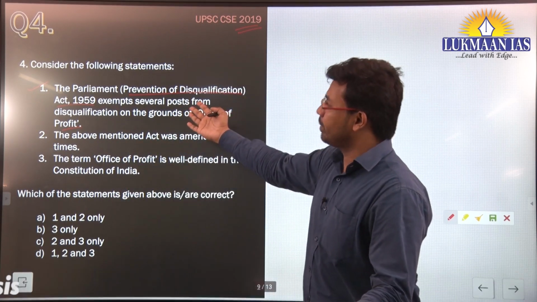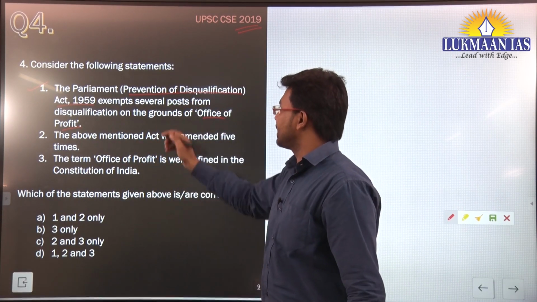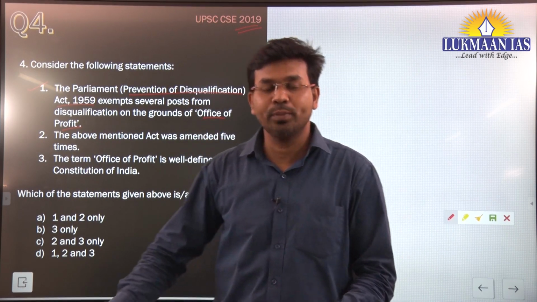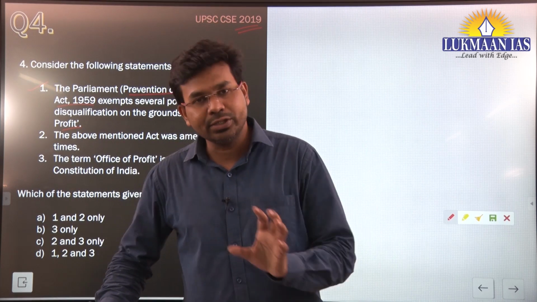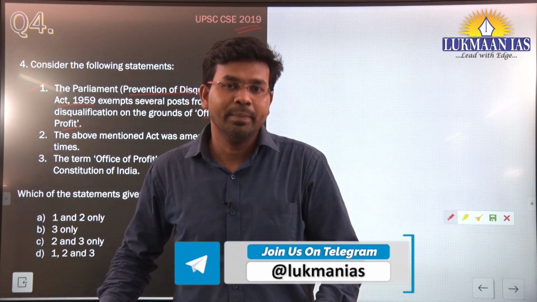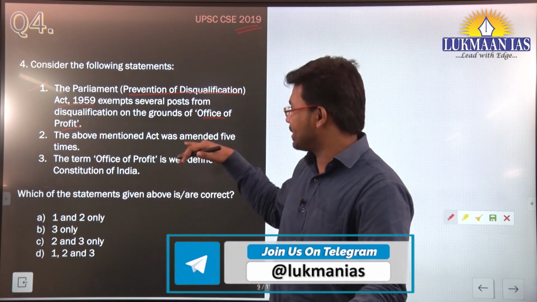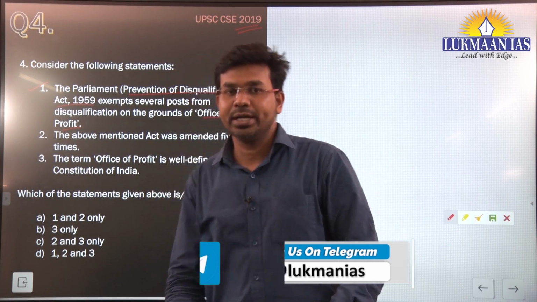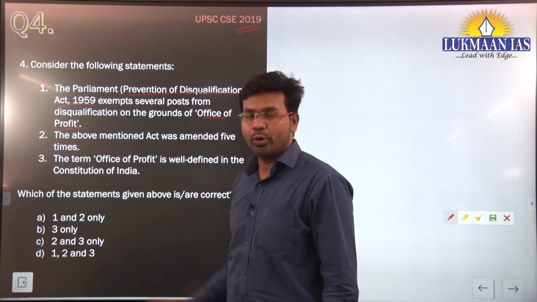You may not know about this particular thing, the Prevention of Disqualification Act 1959. It is such an old act. This knowledge may be expected from a person who has public administration as an optional, because those people read about various laws of the government and various provisions. But for general people, it may not be known.